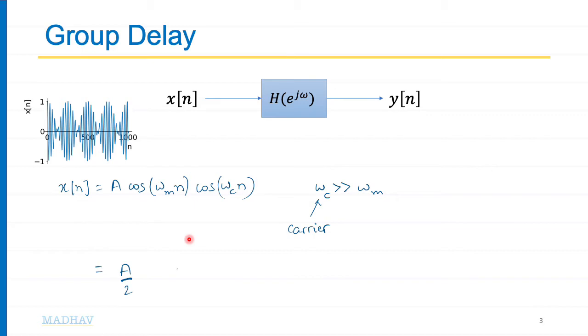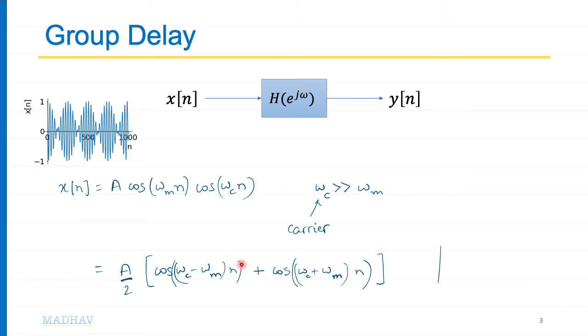How do we do that? It's A upon 2 times cos of (omega c minus omega m) n, plus cos of (omega c plus omega m) n, right? You add and subtract. So this is our signal, and now I know how my LTI system will respond to it.